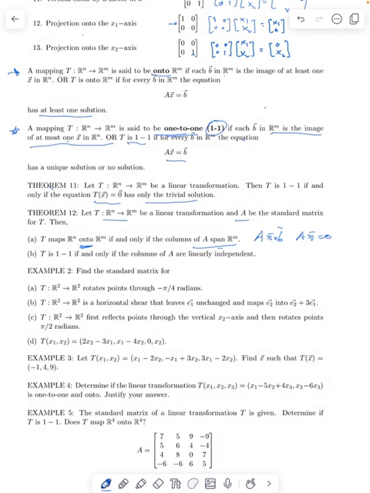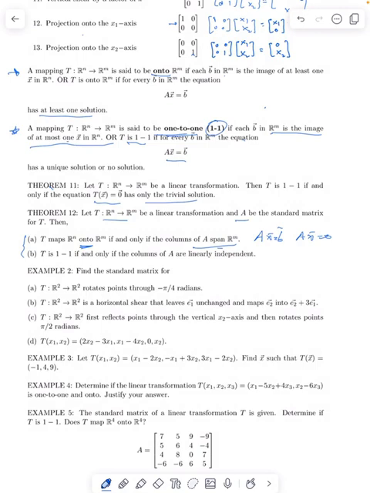But theorem 12 gives us another way to look at this. It says T is one-to-one if and only if the columns of A are linearly independent. So it gives us conditions for both onto and one-to-one.